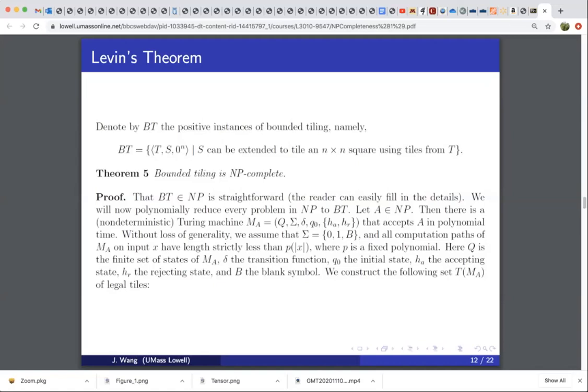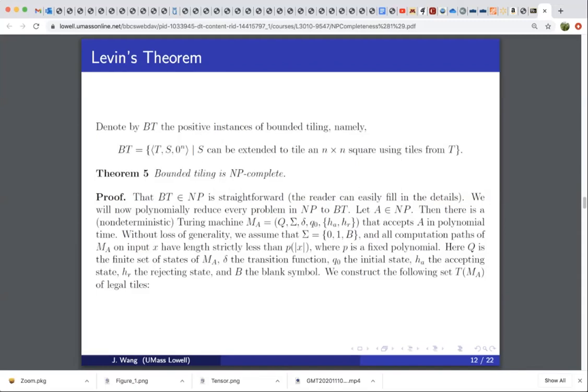Namely, BT is a set of encodings of three things: a finite set of tile types, an initial sequence of matched tiles in horizontal layout, and a unary notation that indicates the size of your square.